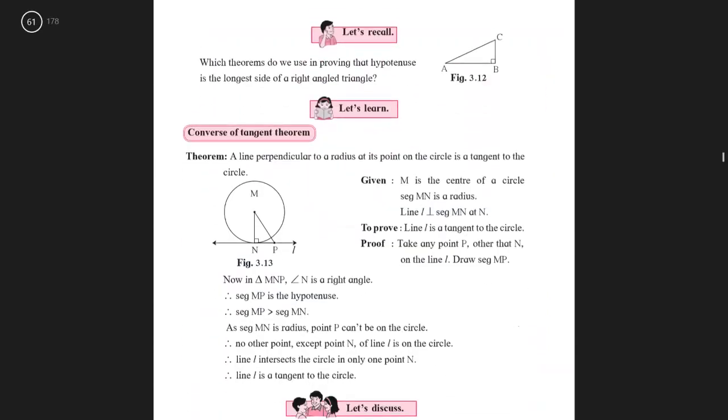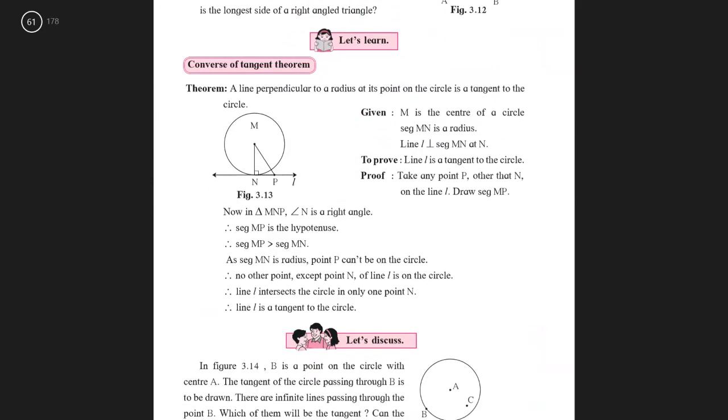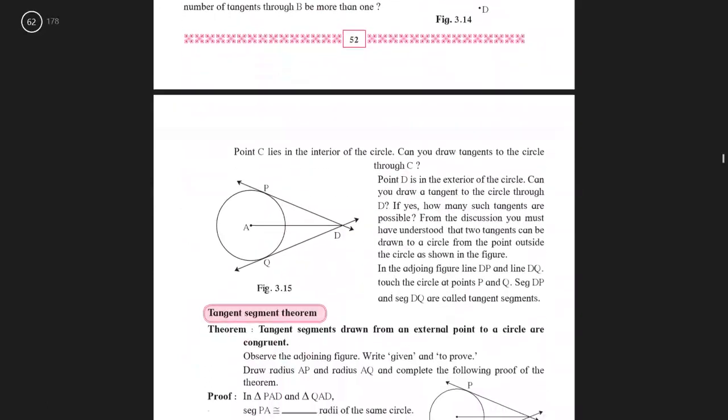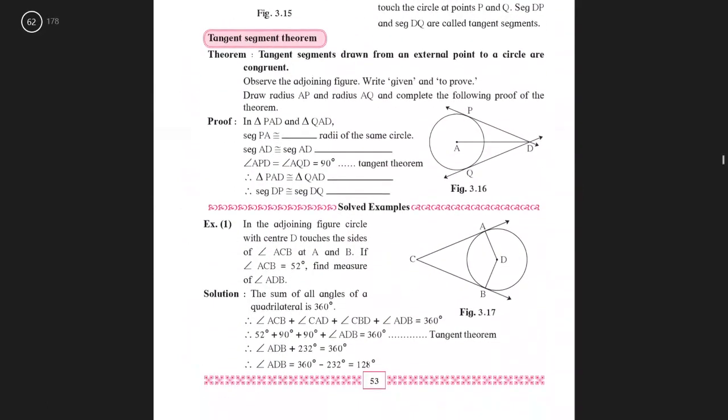After that, go to the converse of the tangent theorem. Again, only the statement is required. Next, the tangent segment theorem. Children, in case I told it as tangent secant theorem, it is wrong. I'm sorry. It will be the tangent segment theorem.